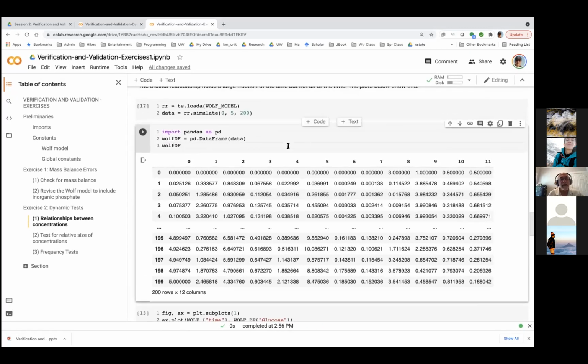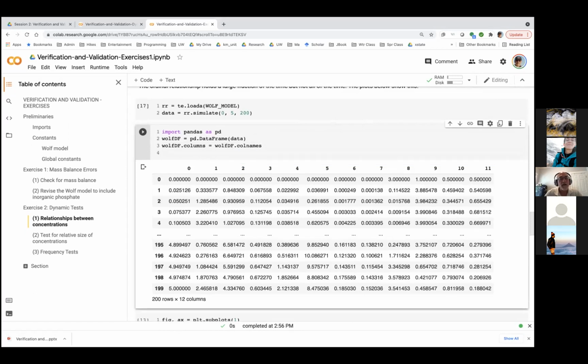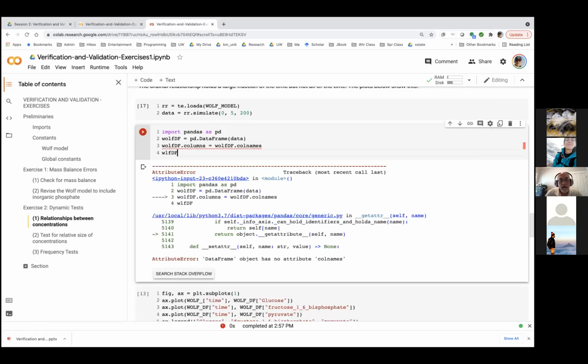So what we need now is to put the names in. To do that, data frames have a property called columns, which you can assign. So I can say wolf df dot columns equals columns. And now if I put in wolf df after that, I think I spelled it right. You want data dot col names.